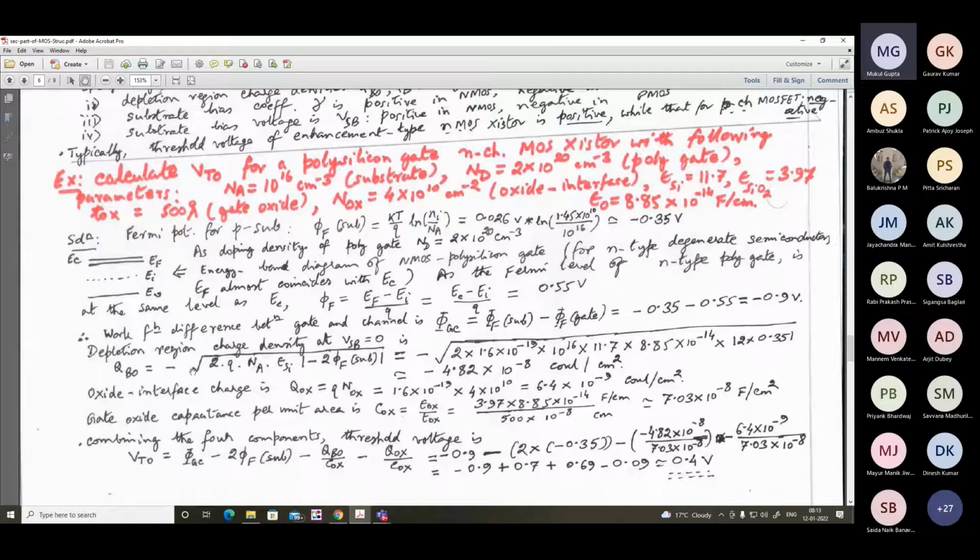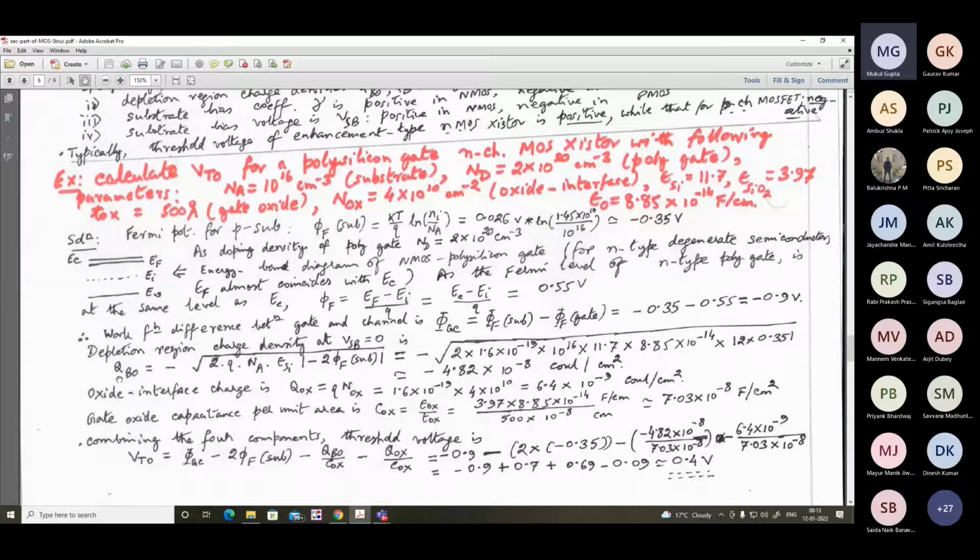Okay, minus root over 2 into q. So if you put in the parameters, 1.6 into 10 to the power minus 19, Na equal to 10 to the power 16, then 11.7 into 8.85 into 10 to the minus 14, then 2 into phi F, that means 2 into 0.35. All these parameters, if you put in the numerical values, you get it to be minus 4.82 into 10 to the power minus 8 coulomb per centimeter square.